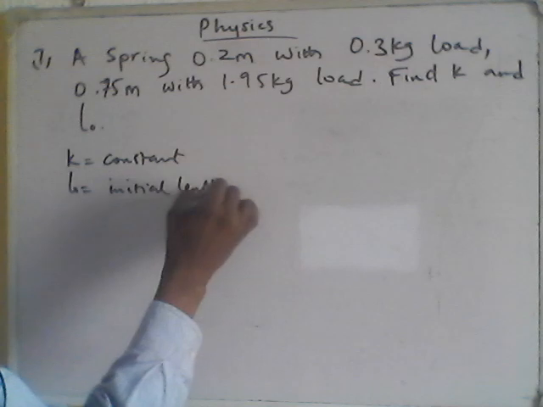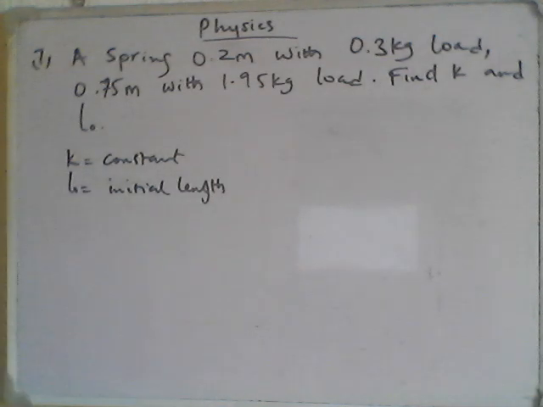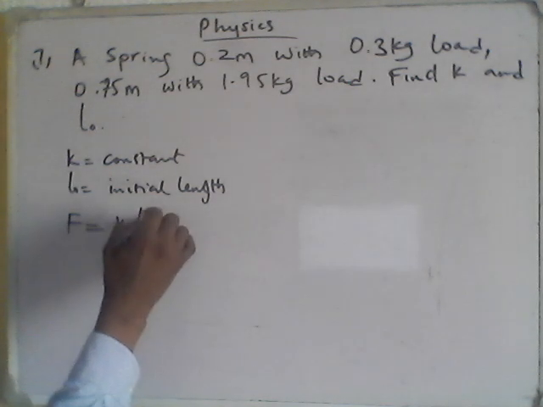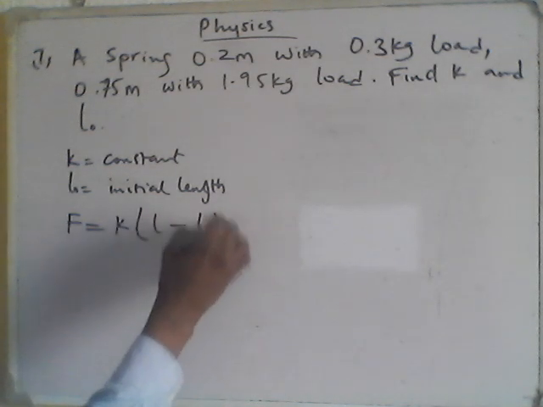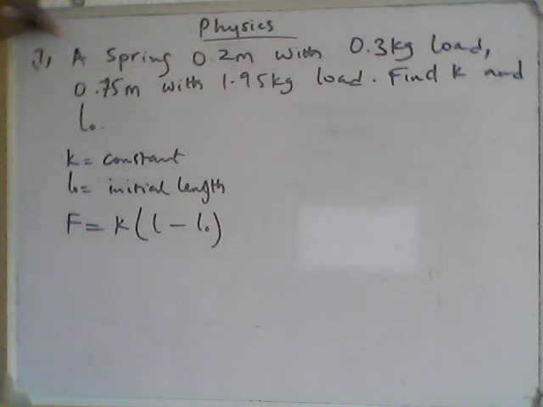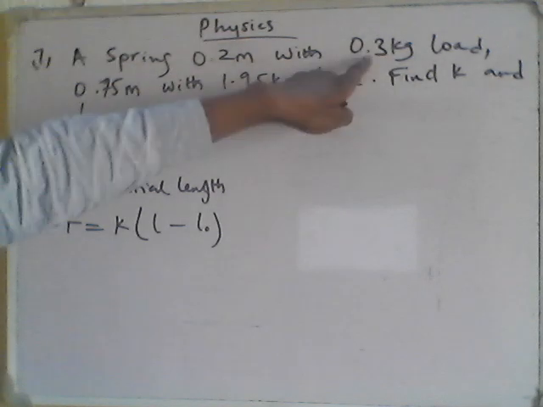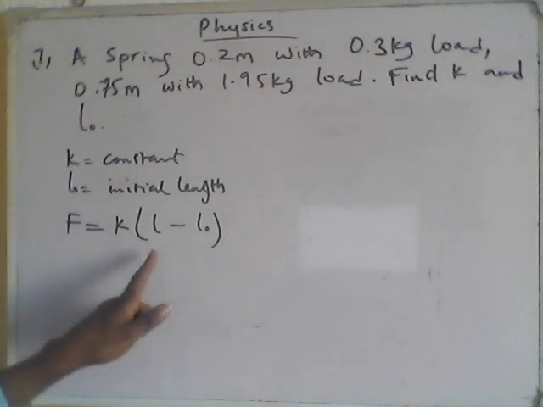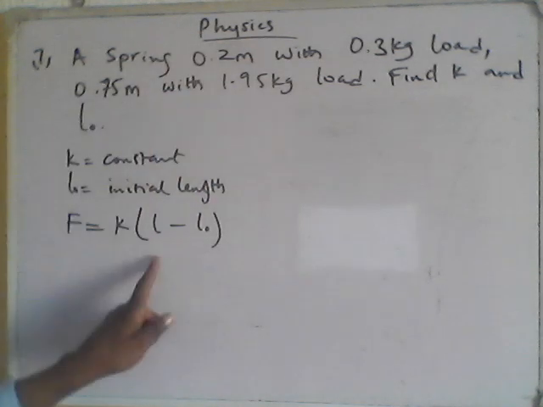Okay, you know we are operating under Hooke's law, and we know that the force is equal to K times L minus LO. So there are two instances I have here. At the first instance, with this load, the spring got to this final length.